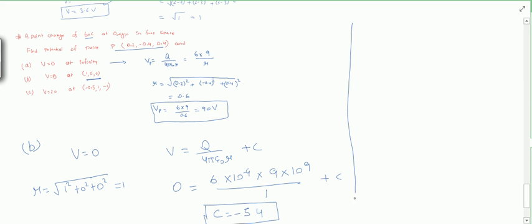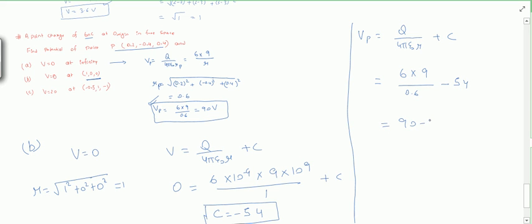Now I can use the formula for Vp to find the potential at point P. Q by 4 pi epsilon naught R plus C. Now we have calculated this value, 6 into 9 upon R. R value I can take from here. Suppose this is RP only, because here I have written R and here also R. So this value will be 0.6 and here I will place the C value as minus 54.